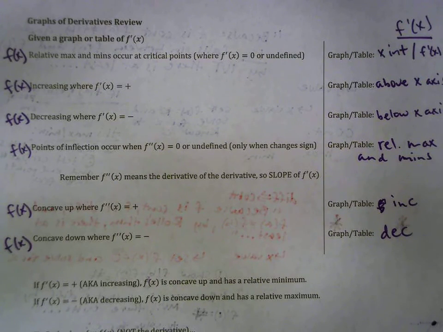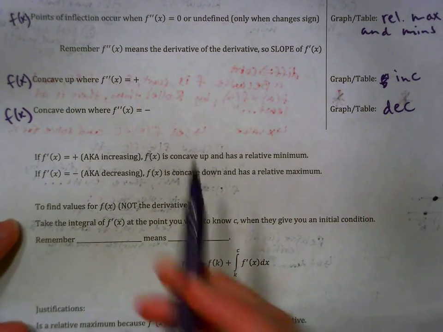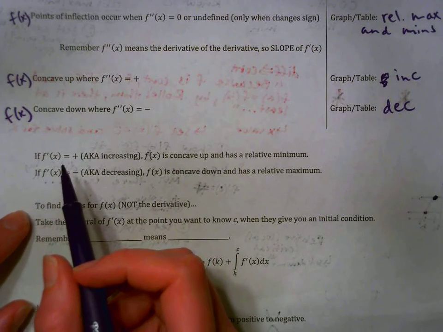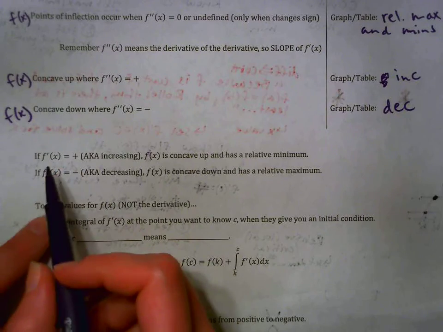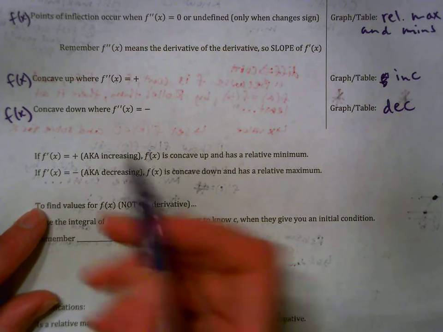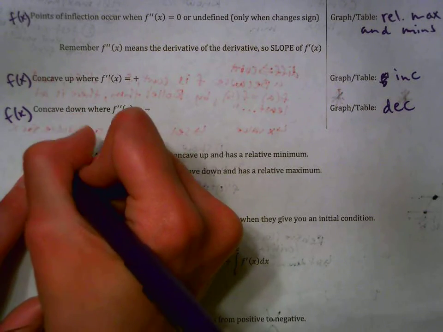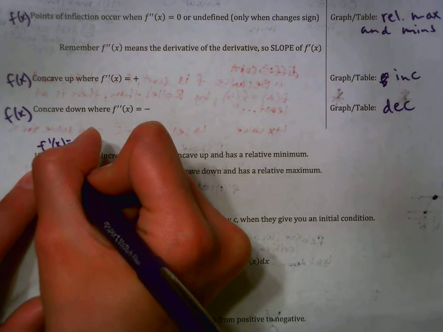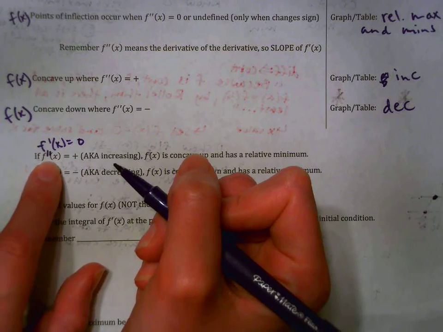I feel like I didn't read this closely before I started my video, and now I'm noticing that I could have done something else with this. What I want to change this to is, I'm going to say if f prime of x equals 0 and f double prime of x is positive. So I'm going to change that to double prime.